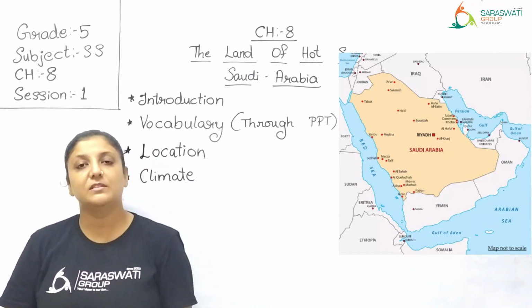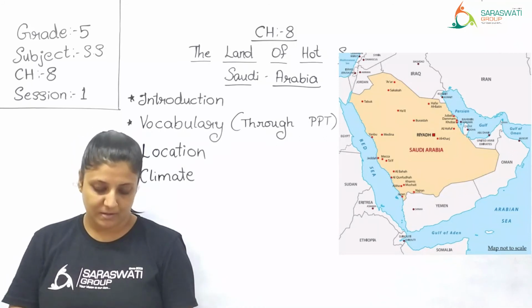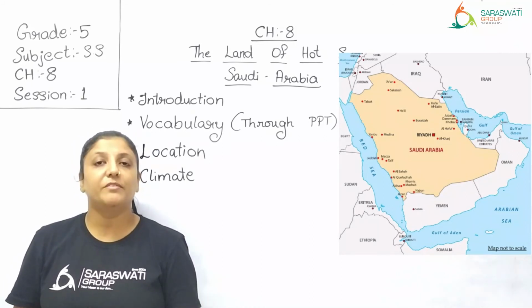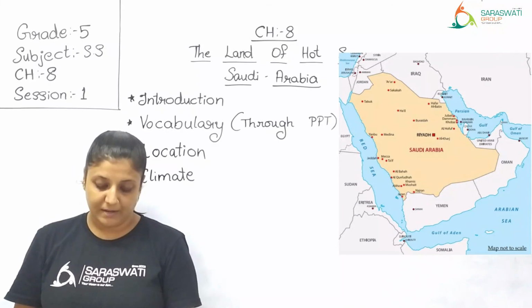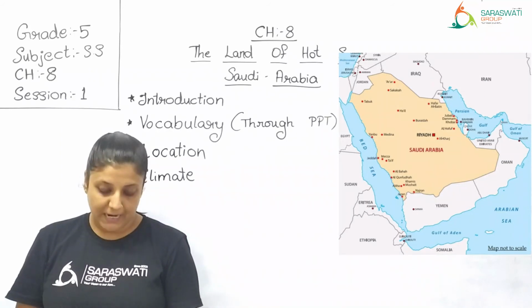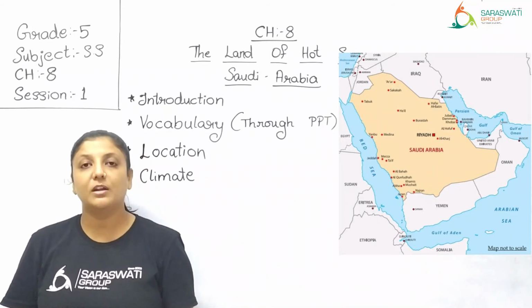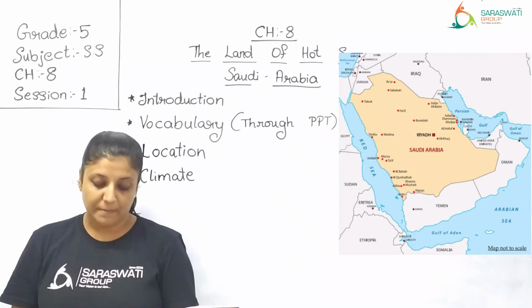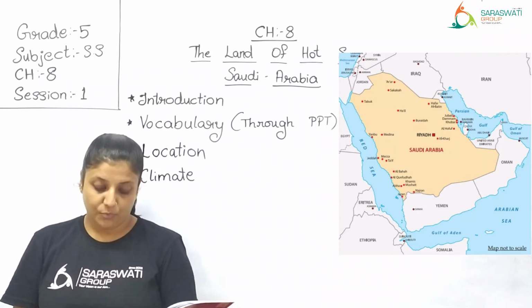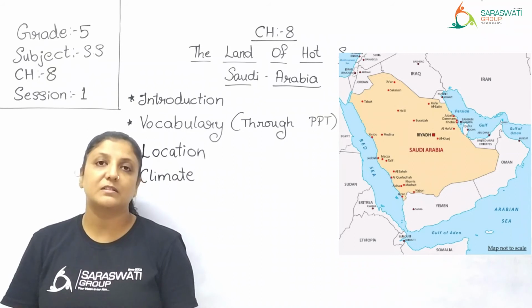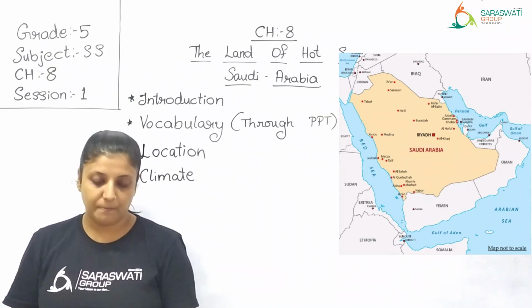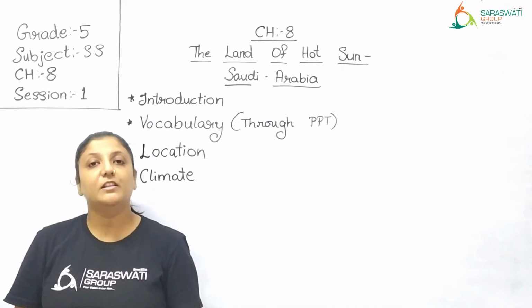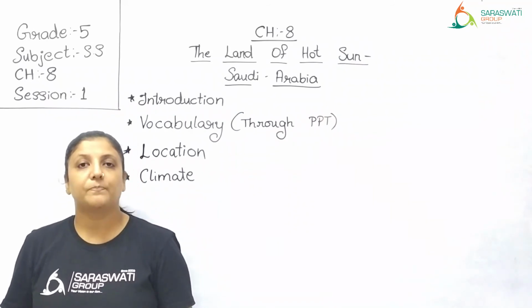Towards the southwest, it has only mountains. Now, they have also given some additional information here. The Rub Al Khali, one of the largest sand deserts in the world, lies in the southern part of Saudi Arabia. So this was all regarding the location of Saudi Arabia.